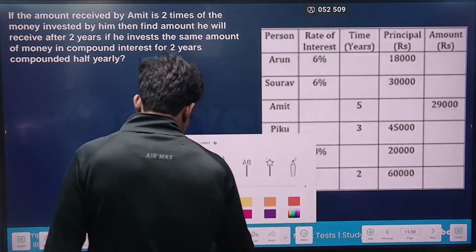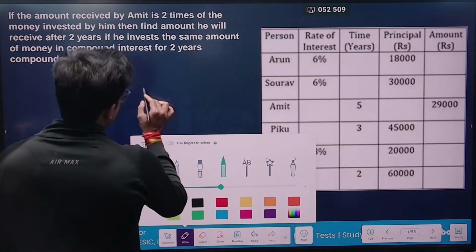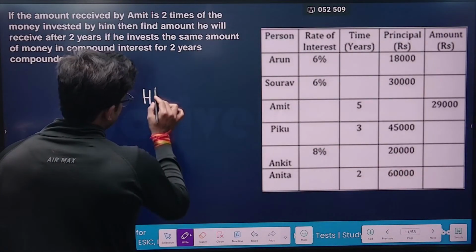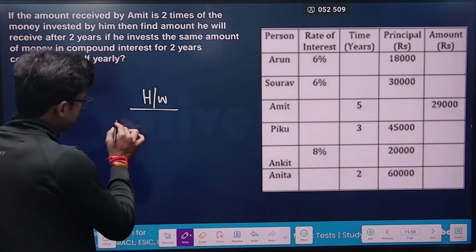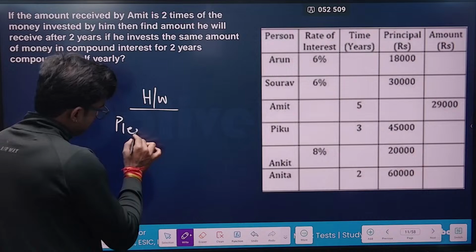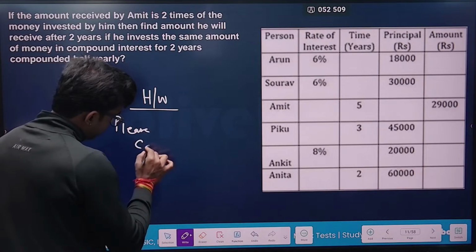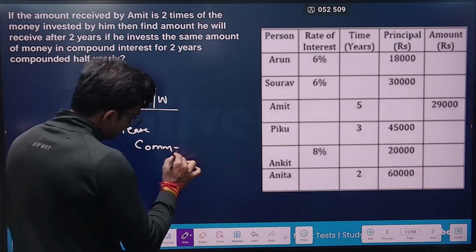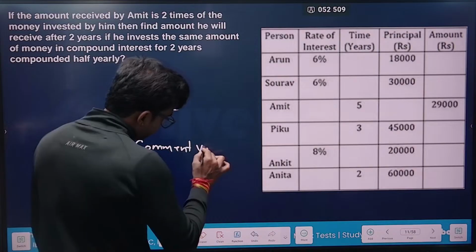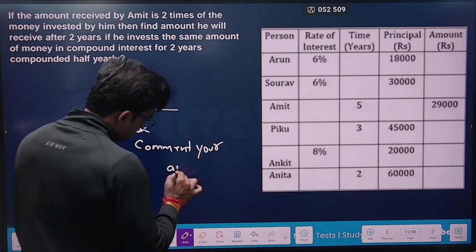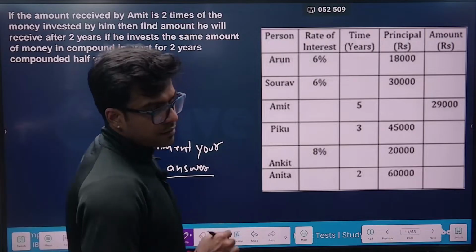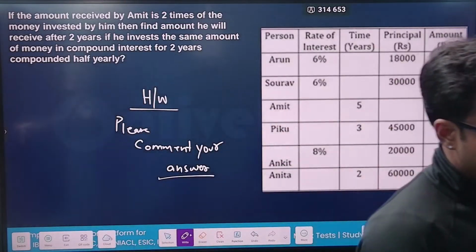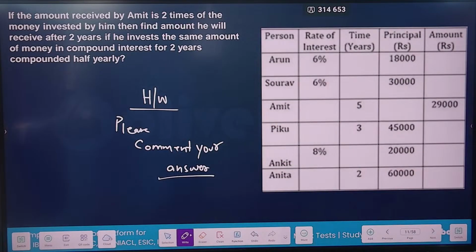This is homework. Please comment your answer, everyone.